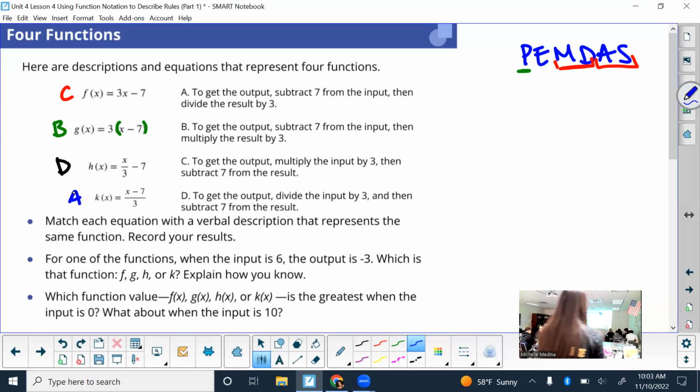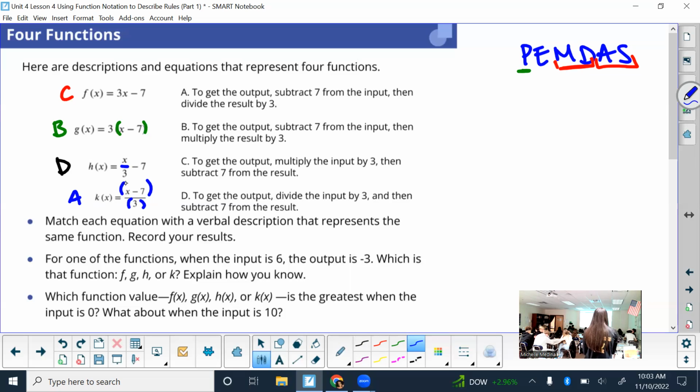All right, so when it's set up like this, in h of x it was separate, right? You divide in a fraction and then you subtract, using your normal order of operations. When it's in a fraction though, you always work out your entire numerator, then work out your entire denominator before dividing.